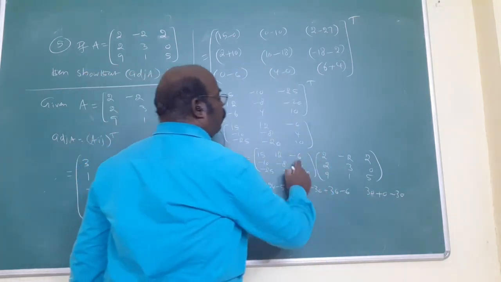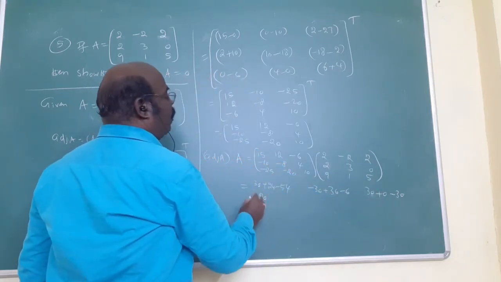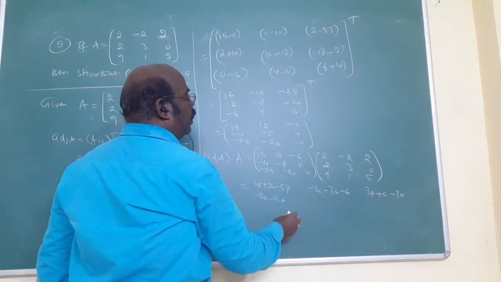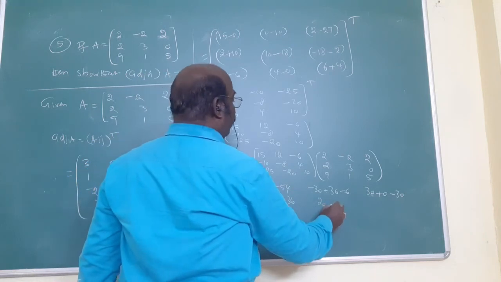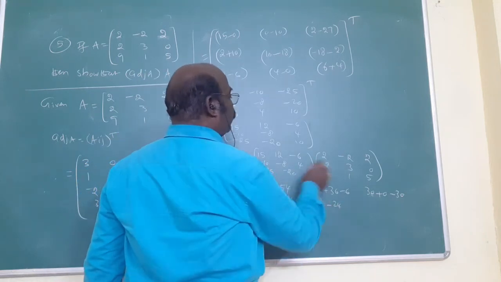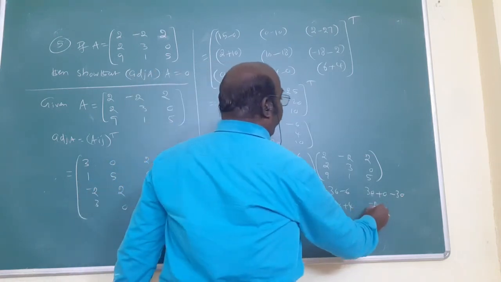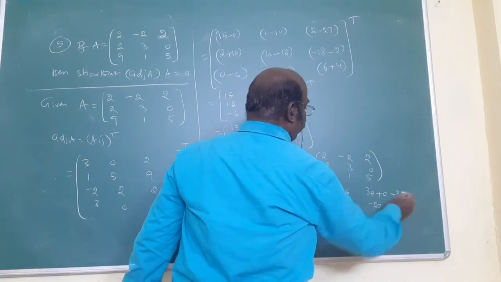First row first column, first row second column, first row third column. In this way, next, second row first column: minus 60 plus 80 36. Next, 20 minus 24 plus 4. Next, minus 20 plus 0 plus 20.